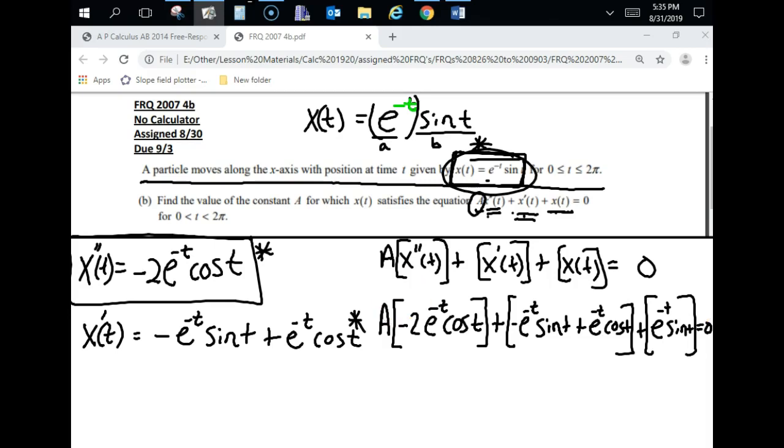All right, so I'm going to drop the brackets here. We don't really need them anymore. Okay, so it's hard to find them, but here they are. We have a negative e sine t and a positive e sine t, and they cancel each other out, right?